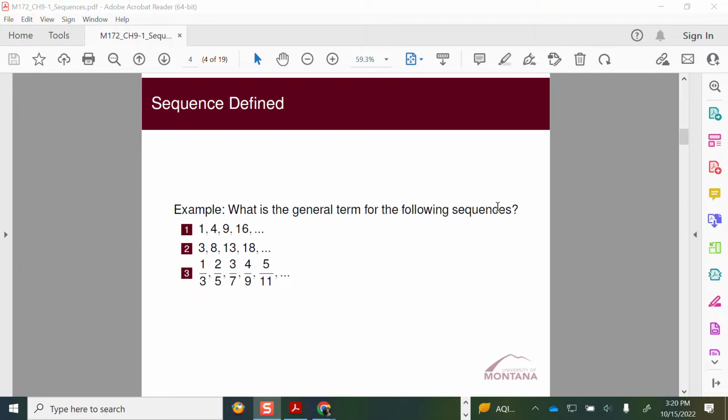So we have these sequences. I'll write them down here before switching over to the ElmoCam. 1, 4, 9, and 16. 3, 8, 13, and 18.